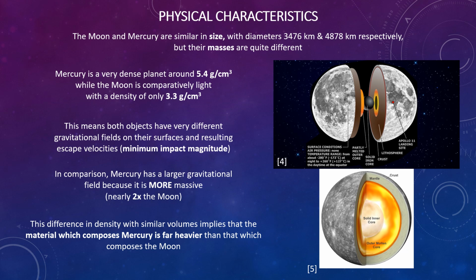This gives them very different densities overall, and this also means that they have different gravitational field strengths on their surfaces, which means that you would have to have different escape velocities to get off of them, respectively. You would need to be traveling much faster to have an escape velocity for Mercury than you would the Moon. So, this difference in density, but with similar volumes, implies that the compositions under their surfaces are very different, with Mercury being composed of much heavier stuff than the Moon.